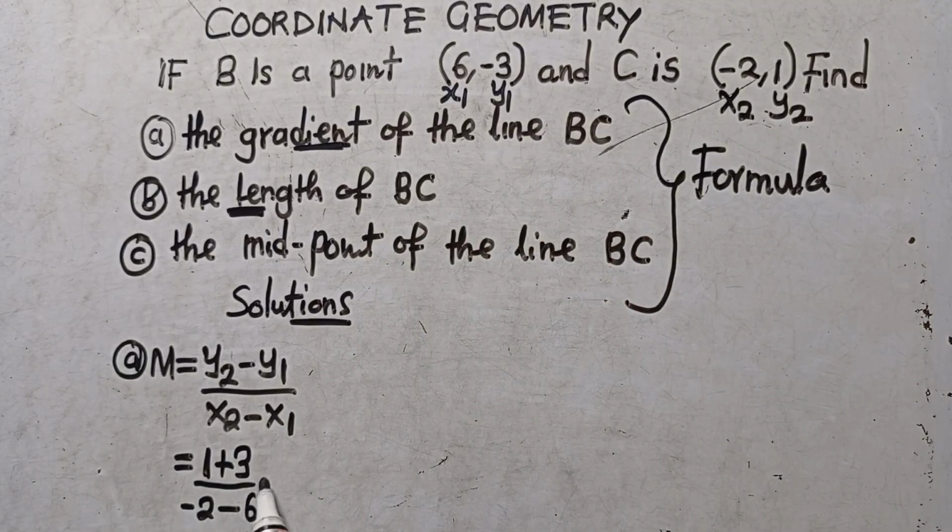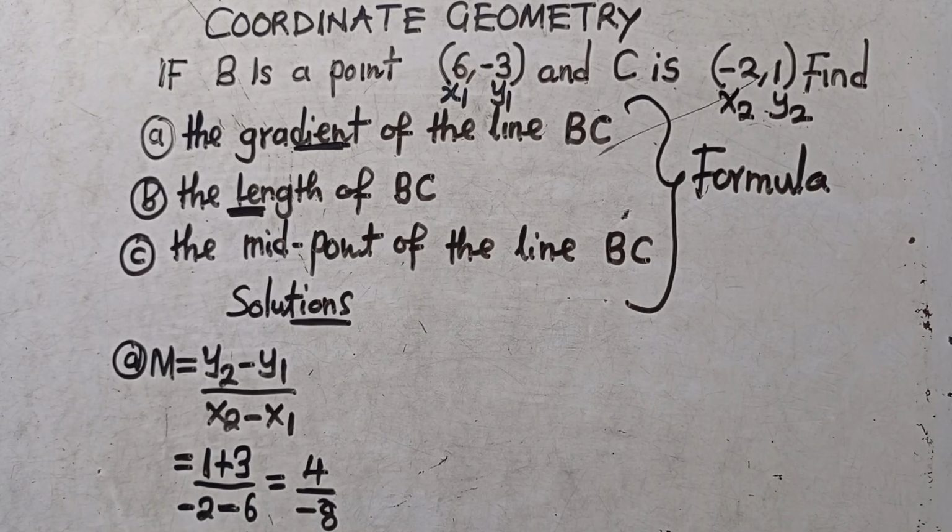This is just the same as 4 over, when we add here, we get -8. Have you seen? We know that with same signs we add, then maintain the sign.